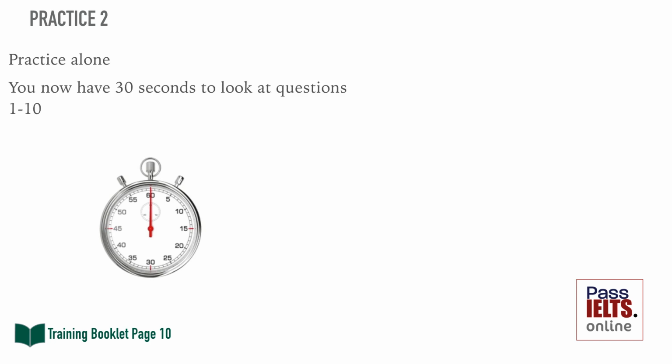You now have a chance to practice again, and after we'll go through the answers together. You now have 30 seconds to look at questions 1 to 10 in your training booklet. Don't forget to follow the 5 preparation steps. Your time starts now.